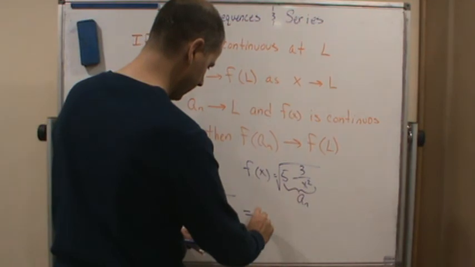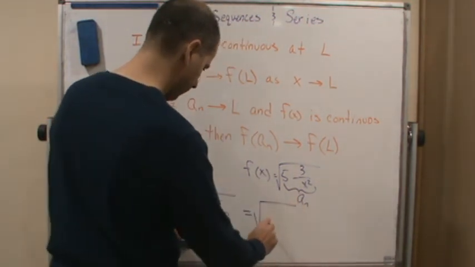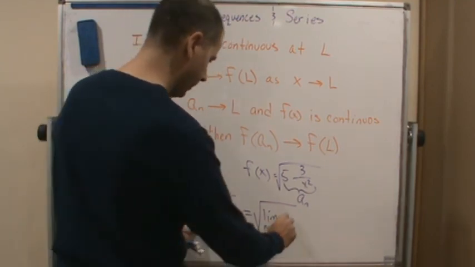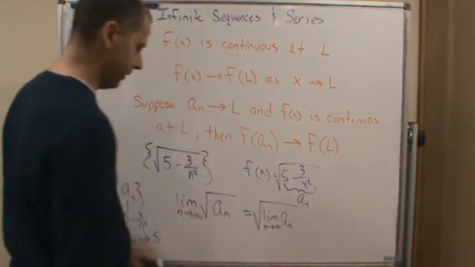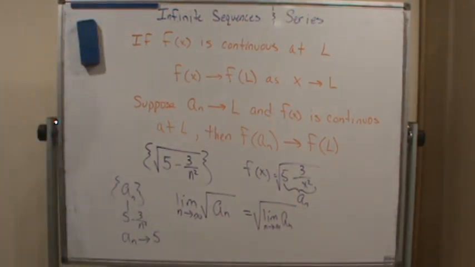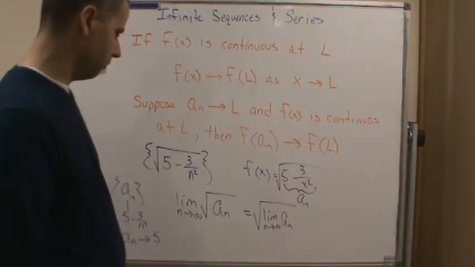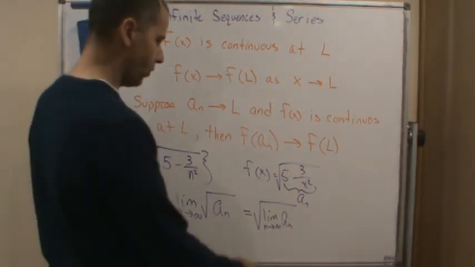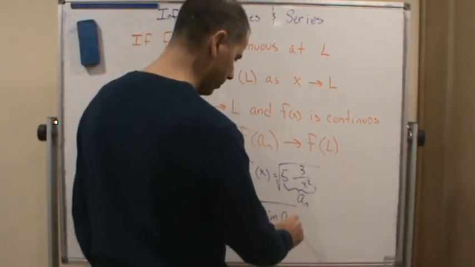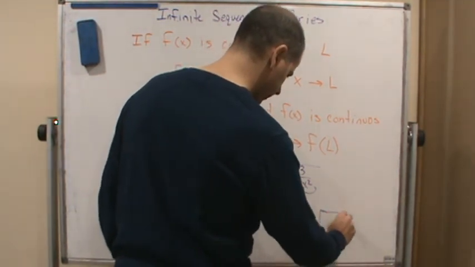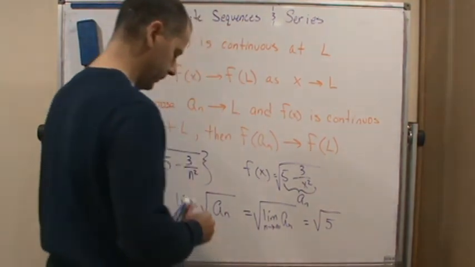So this is the square root of the limit as n approaches infinity of a sub n. Well, what's the limit of this thing? Well, it's L, right? So it's just f of L, so it's the square root of 5. And that's the answer.